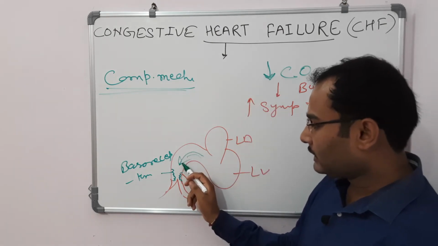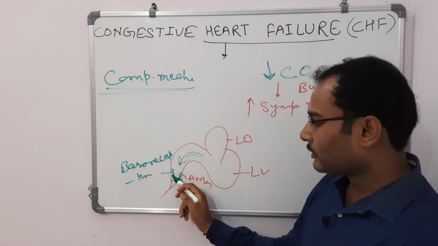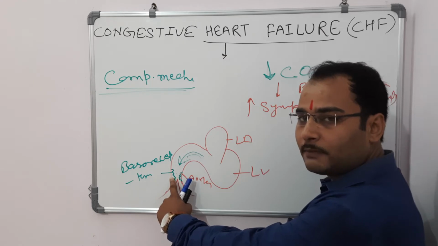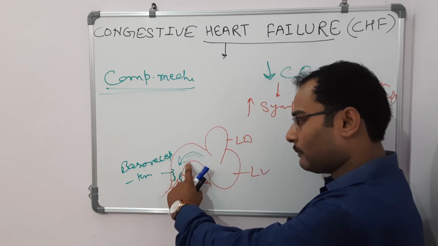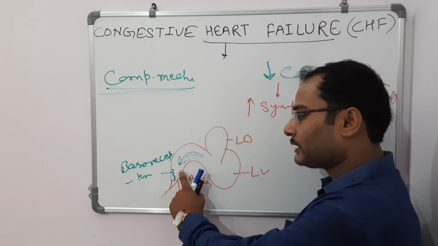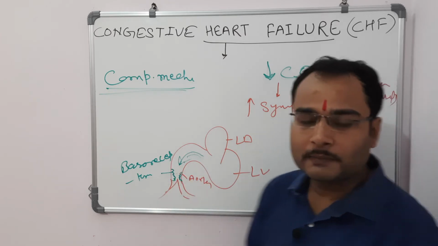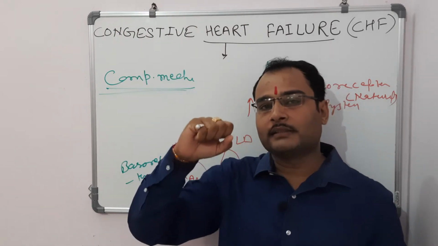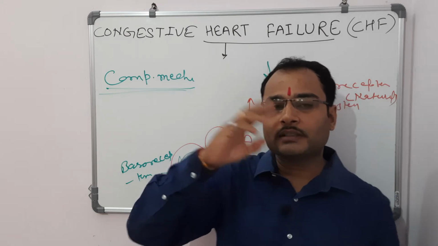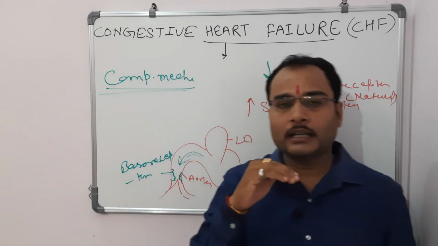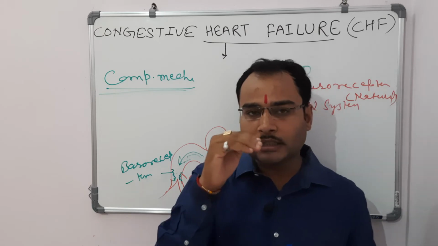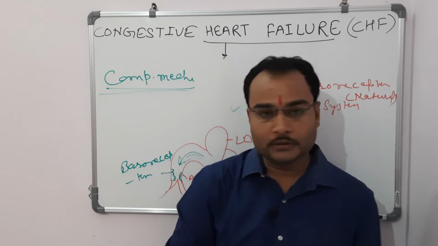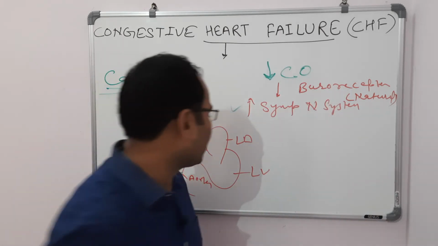Once the decreased cardiac output occurs, there will be decreased pressure on the baroreceptor, and once these receptors sense the decreased blood pressure due to decreased cardiac output, they have a direct connection with the central nervous system, and once the central nervous system senses that the baroreceptors are sending signals of decreased cardiac output, the central nervous system starts activating the sympathetic nervous system. So this is the minor mechanism involved.